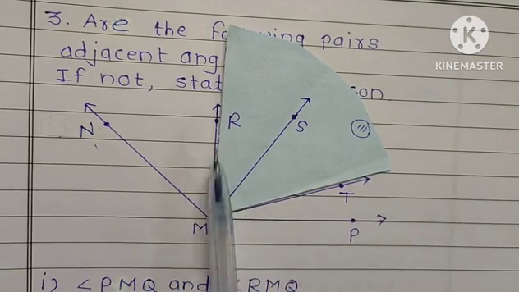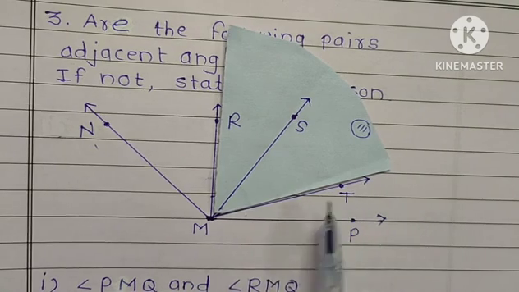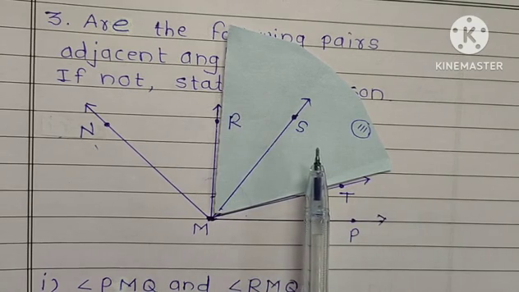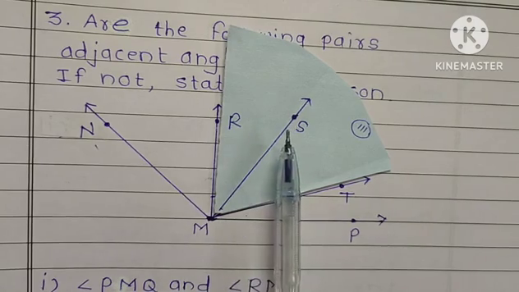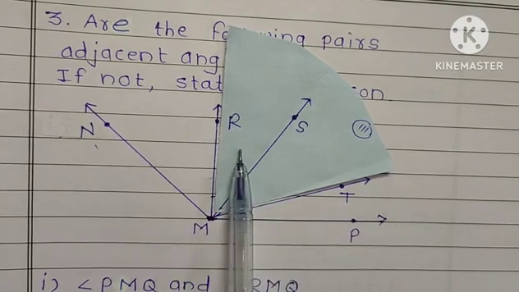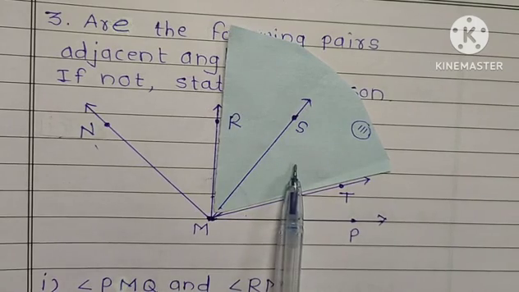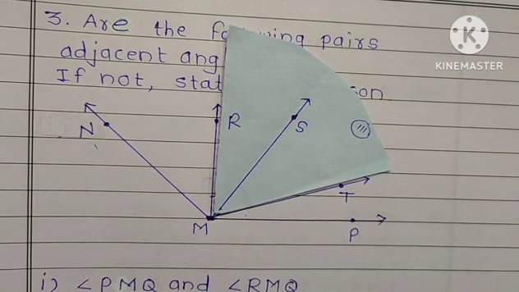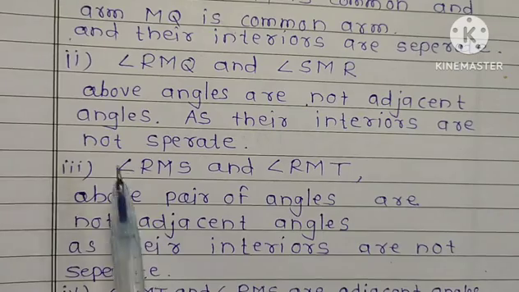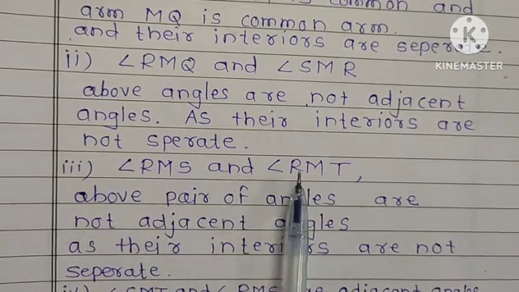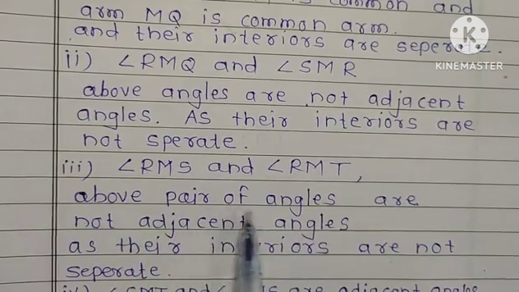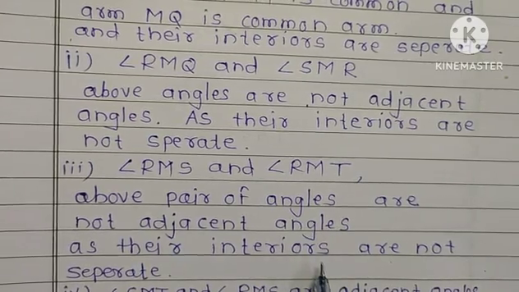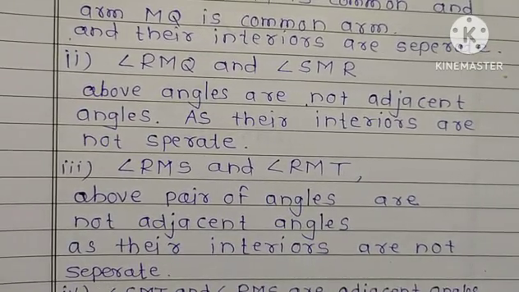Again here, RMT has this part as interior, but the second angle is RMS, that means this. So this part is also part of this. That means interiors are not separate. Therefore we can say angle RMS and angle RMT, above pair of angles are not adjacent angles as their interiors are not separate.